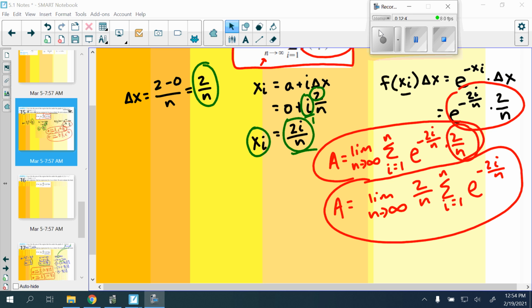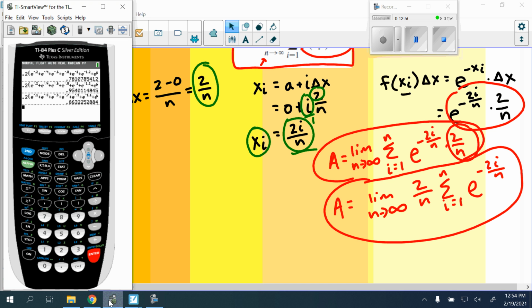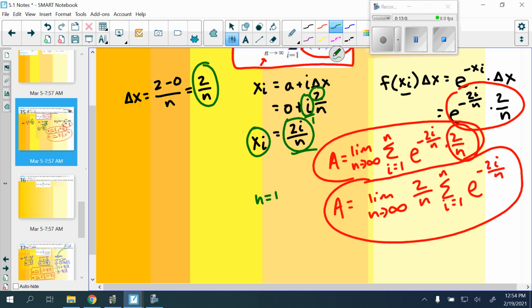You can use your calculator to do this as a faster way. Remember typing all those in and it was kind of long and tedious. You can use sigma notation. So the one we had done on the last example was this with the number of rectangles equaling 10. So if we fill in 10 for the n, we should be able to put this in our calculator and use it to do it.